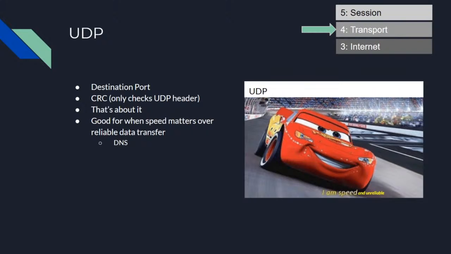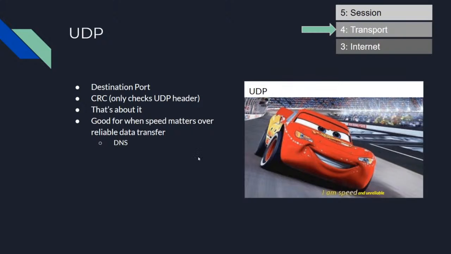It doesn't really care if it gets there all in one piece, as long as it gets its response eventually. It'll just keep sending after a timeout until it gets an actual response, like "Google doesn't exist," or "Hey, Google is at this address."